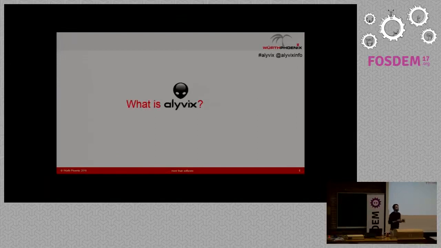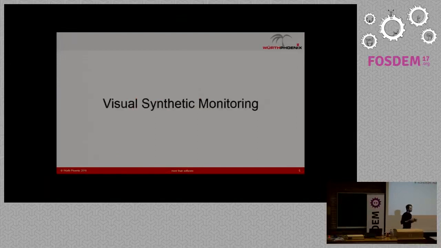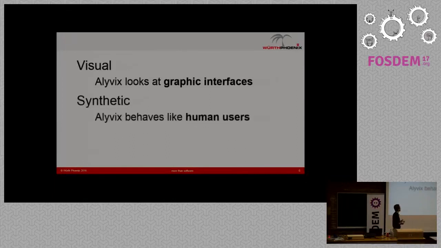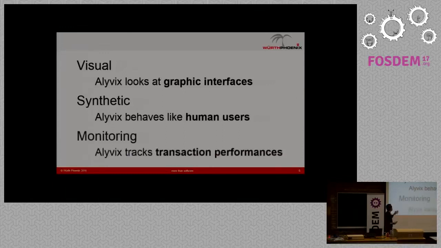I'm talking about Alyvix, but what is Alyvix? Alyvix is a visual synthetic monitoring system. What does it mean? Visual, because Alyvix looks at graphical user interfaces. It's synthetic because Alyvix behaves like a human user, using mouse and keyboard exactly as a human would do.